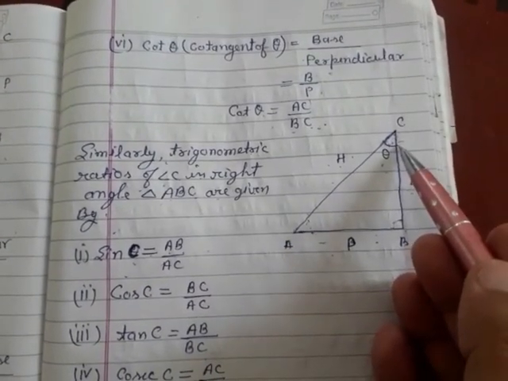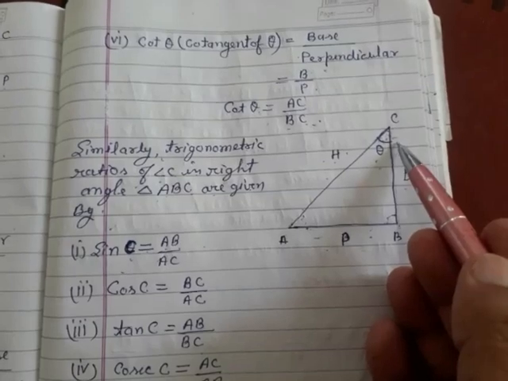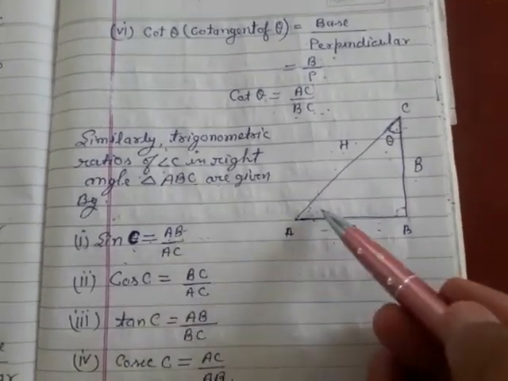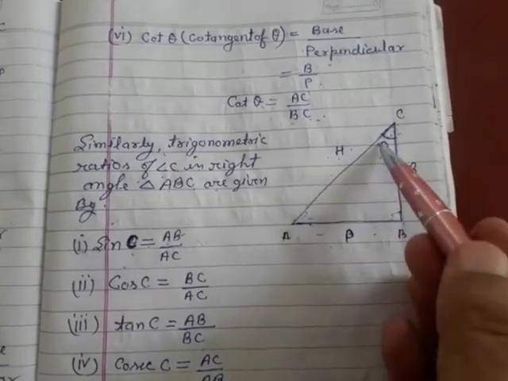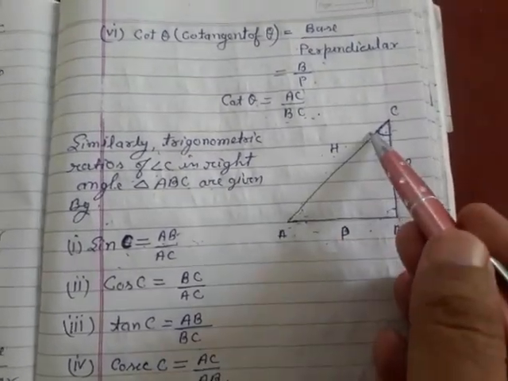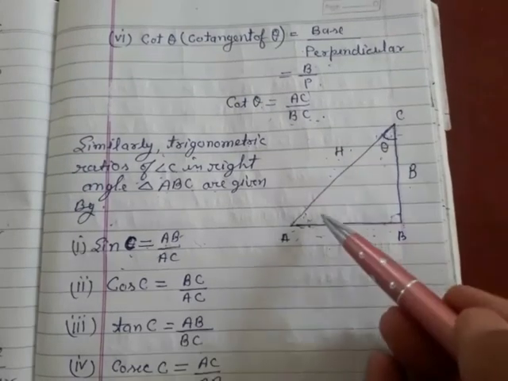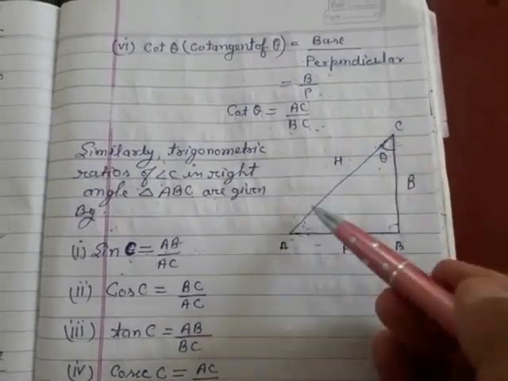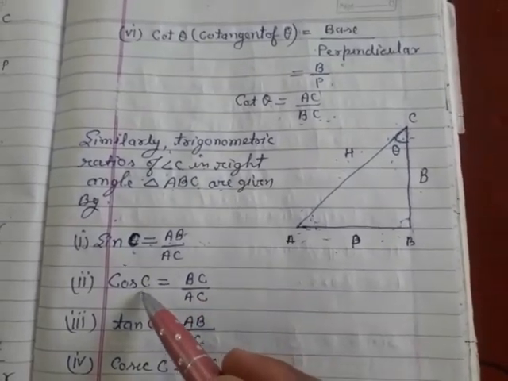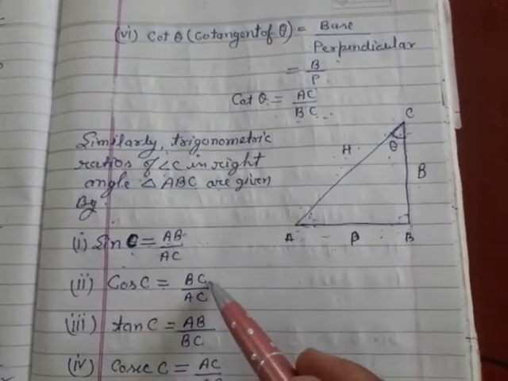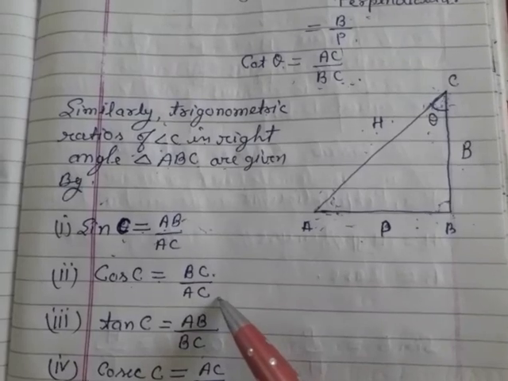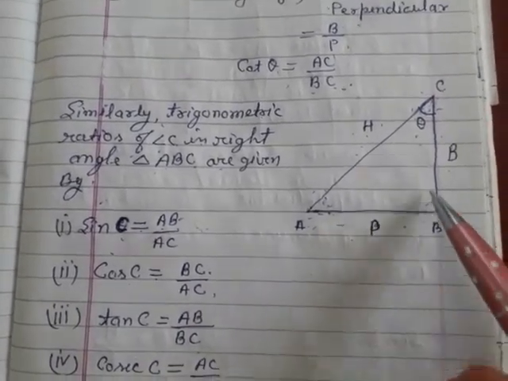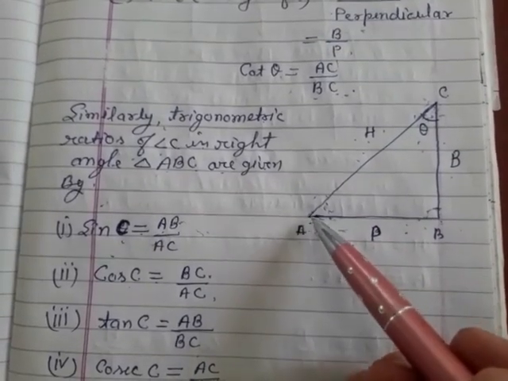So sin C is equal to AB upon AC, perpendicular upon hypotenuse. Clear? Similarly, cos C is BC upon AC, base upon hypotenuse.